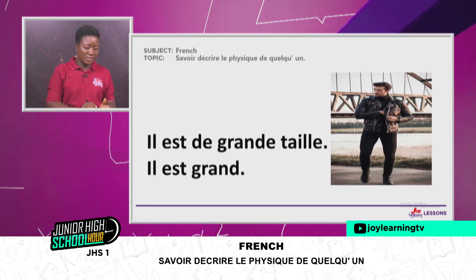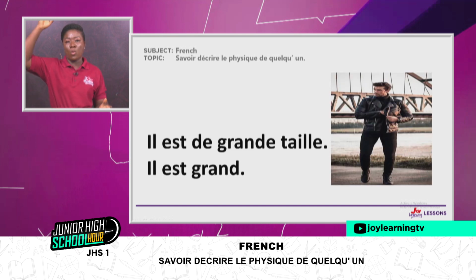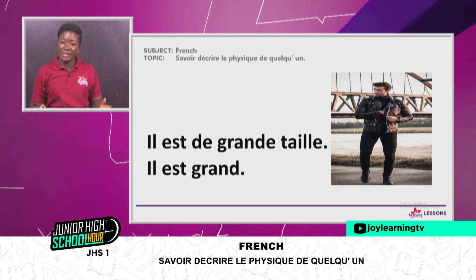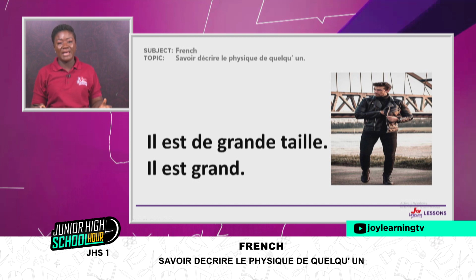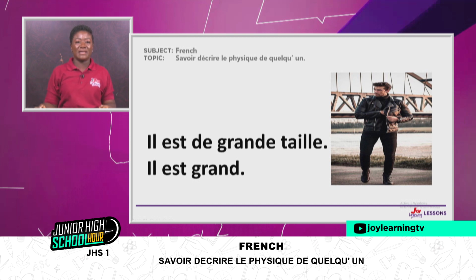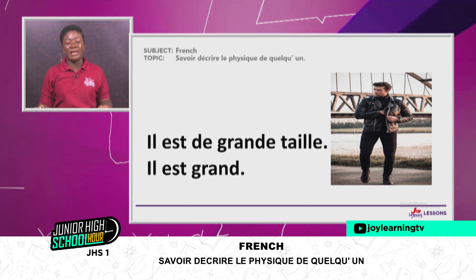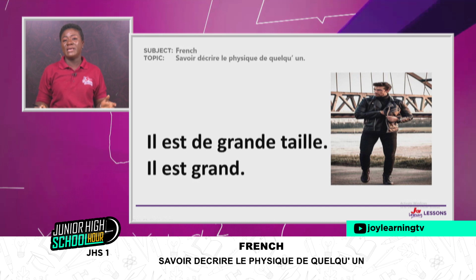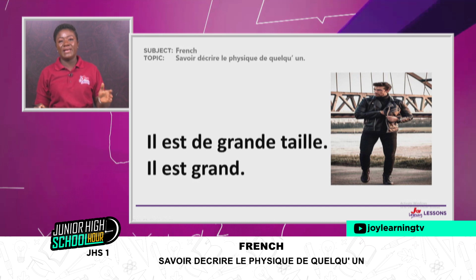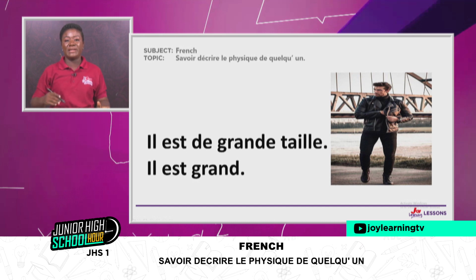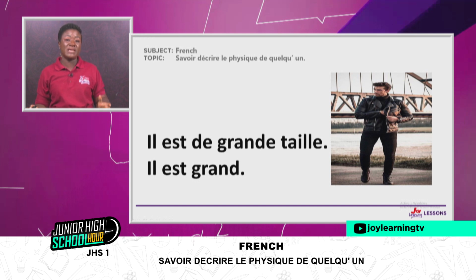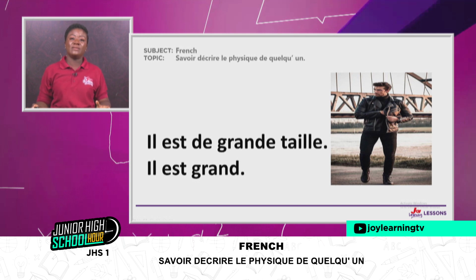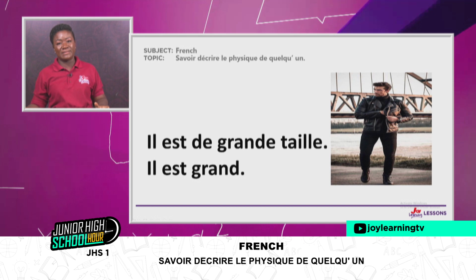If the person is tall, we say, il ou bien elle est de grande taille. Or we can simply say, il ou elle est grand for masculine and grande for feminine. So we say, il est grand, then elle est grande.